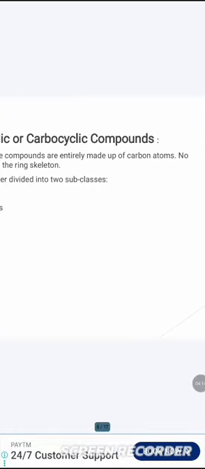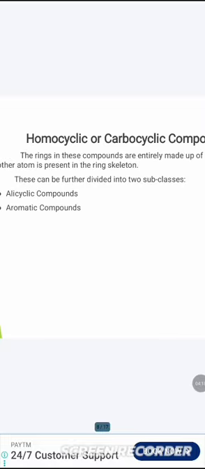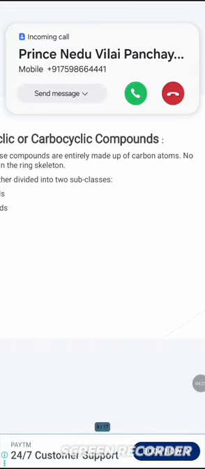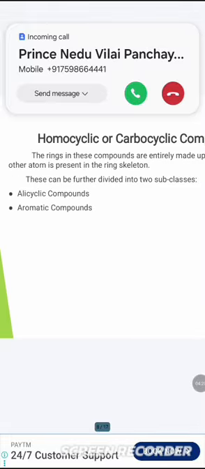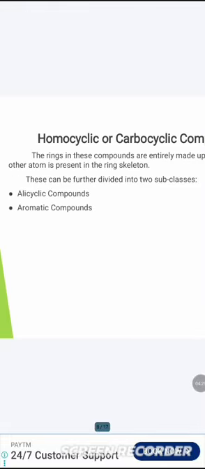The rings in homocyclic compounds are entirely made up of carbon atoms. No other atom is present in the ring skeleton.